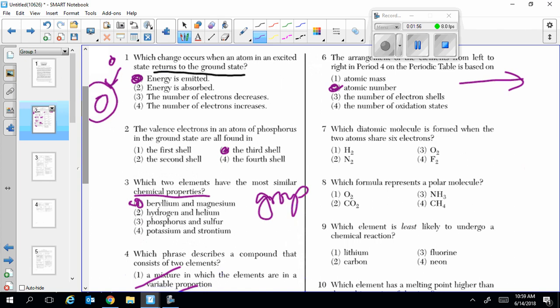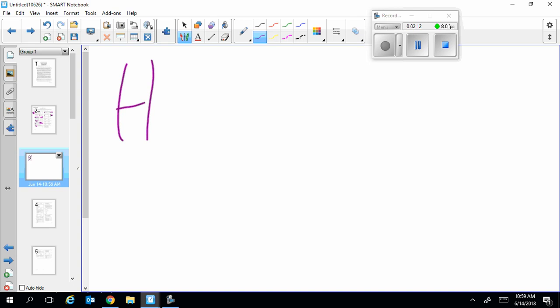Which diatomic molecule is formed when 2 atoms share 6 electrons? So sharing 6 electrons is 1, 2, 3, 4, 5, 6. It's a triple bond. So nitrogen forms a triple bond. Actually, let me just grab a new page and show you that. A hydrogen with a hydrogen is just 2 electrons being shared, so that's a single. Oxygen has 6.